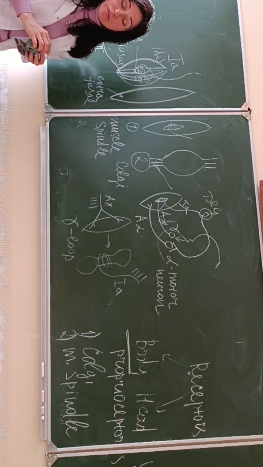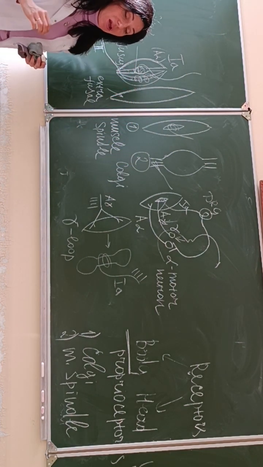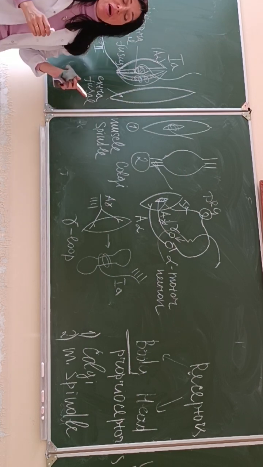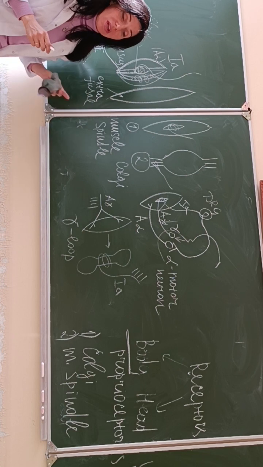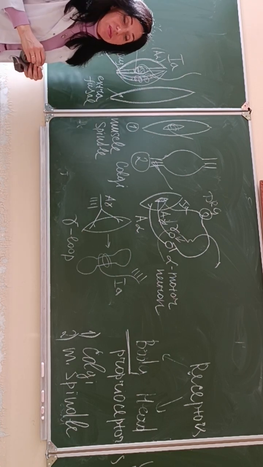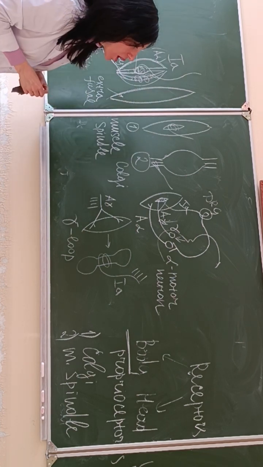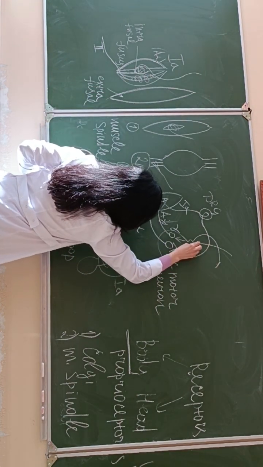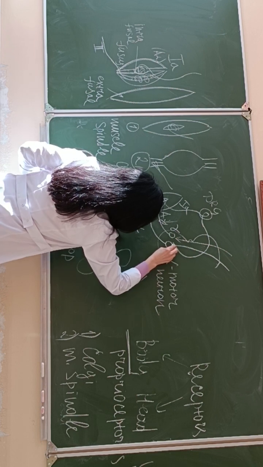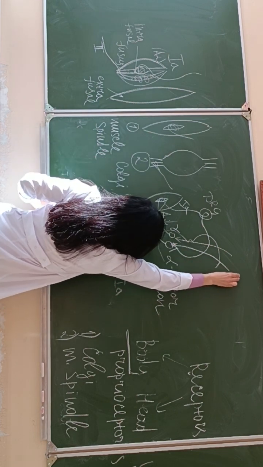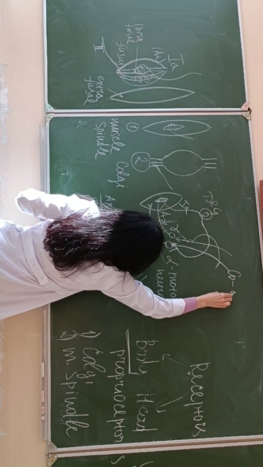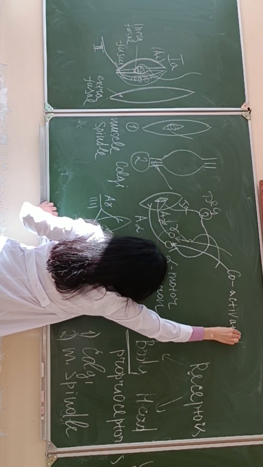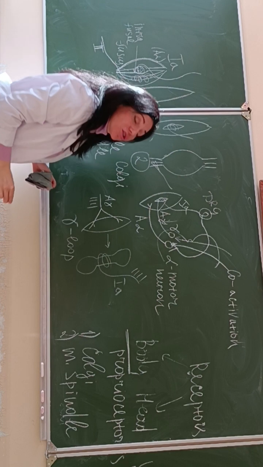Usually the normal brain sends a signal to the spinal cord, to the motor neurons, simultaneously to the gamma motor neuron and the alpha motor neuron, both. It's called co-activation.